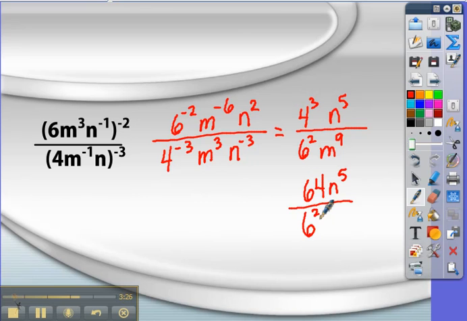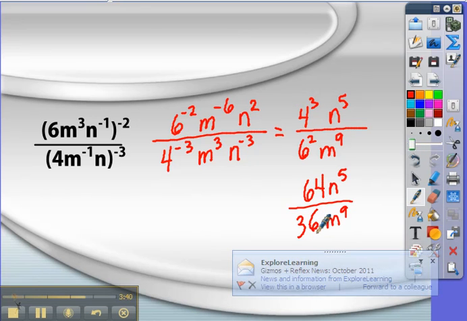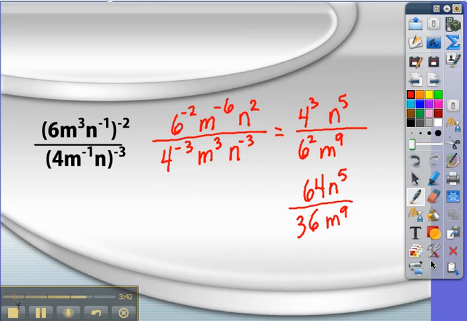And, oops, I'm sorry, 6 squared would be 36, which then I could actually simplify because 4 goes into 64 and into 36. So I would have a 16 n to the 5th over a 9 m to the 9th.